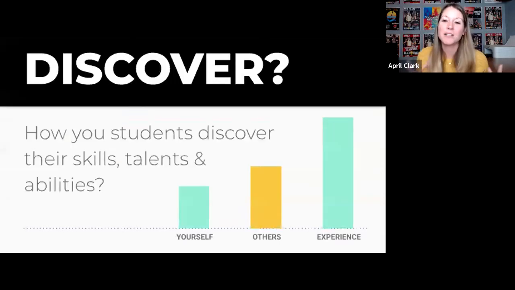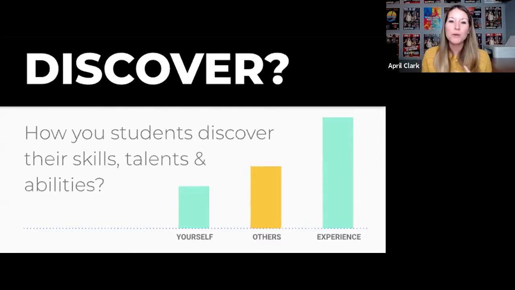First, let's start with discovery. How do students discover their skills and talents and abilities? Well, think about how you have discovered your own skills and talents and abilities. That might be through asking yourself questions. That might be through asking other people questions.